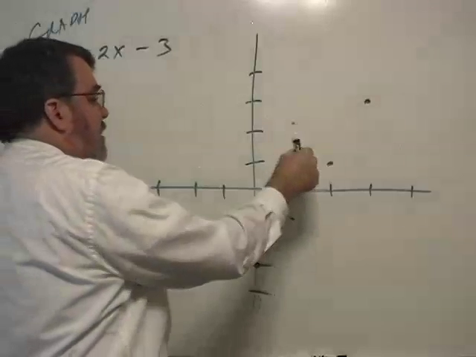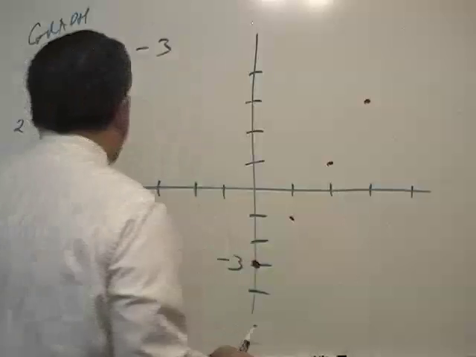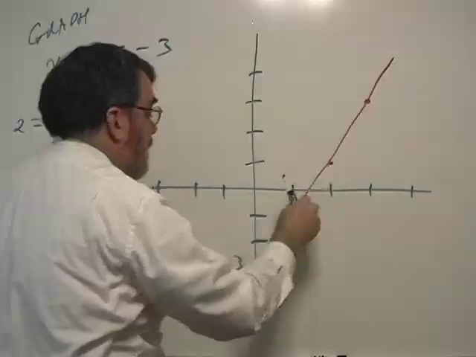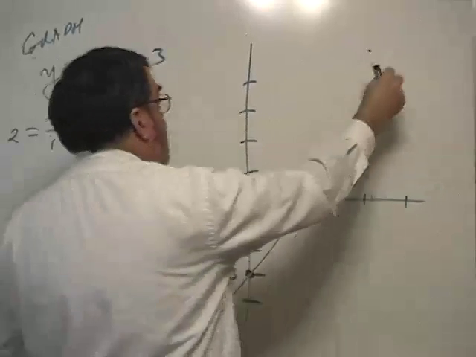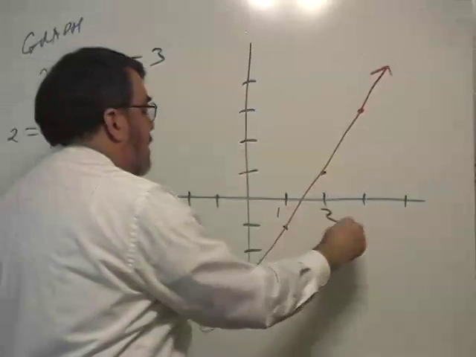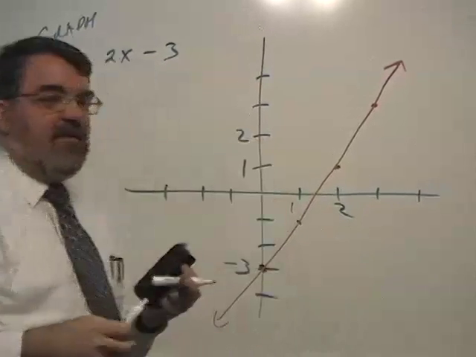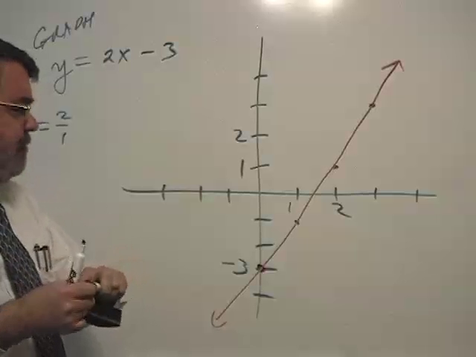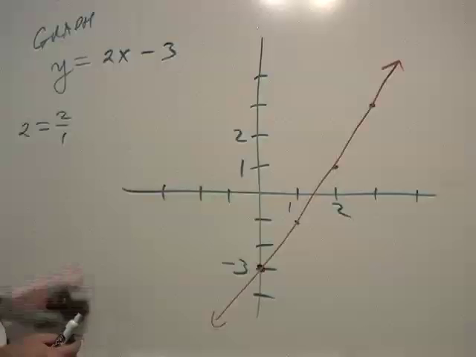Up 2 over 1, up 2 over 1, up 2 over 1. That's what slope is telling us. So connect the dots, and we have a line. But I'm not quite done, because I need to put a couple of scale numbers in there so that the reader knows how to read it. So there's your applying slope and y-intercept to draw a line.